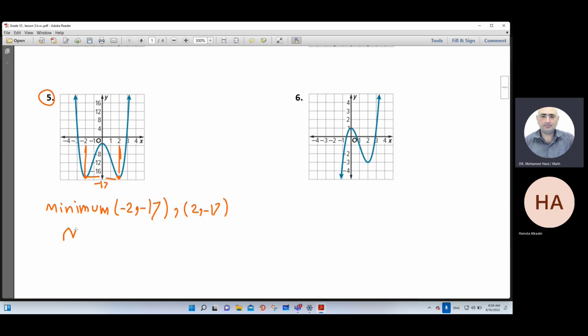And for the maximum, we have this point here, 0 in the x and -4 in the y.